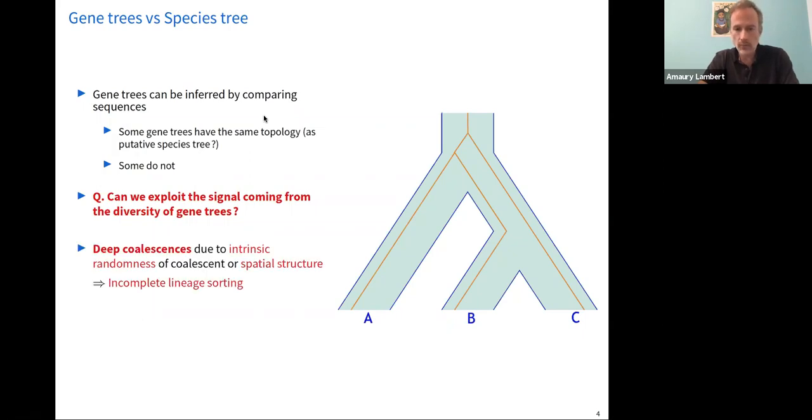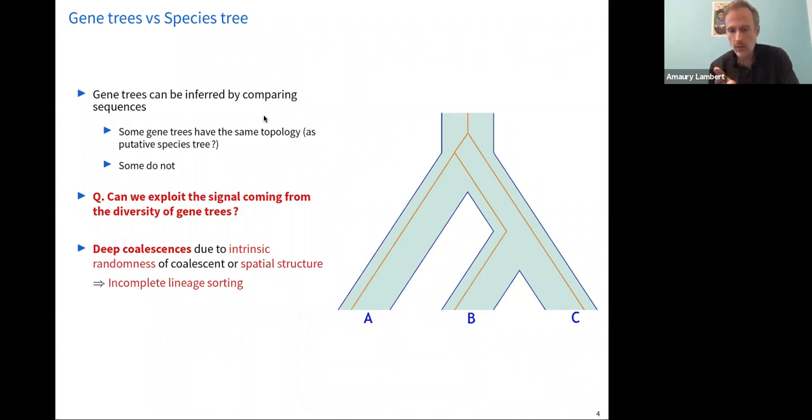So there are two kinds of causes for the discrepancy between gene trees. The first, I just introduced it, is deep coalescences, which are due to the intrinsic randomness of the coalescence process. It can also be due to spatial structure. This is something I mentioned during lecture 1.